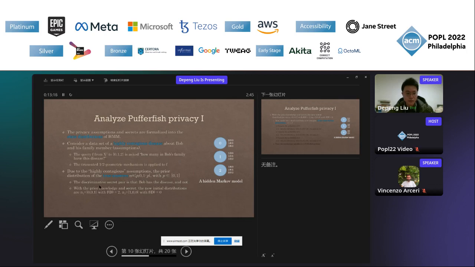And the discriminative secret pair here is that Bob has the disease and Bob does not have the disease. With the prior knowledge and the secret, the new initial distributions are pi1 equals to (0, 0, 1), which corresponds to answer 2, and pi2 equals to (1, 0, 0), which corresponds to the answer of 0.